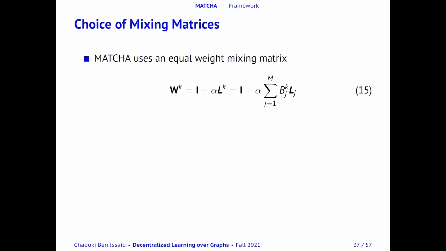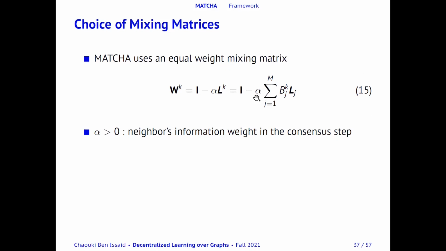In fact, the mixing matrix of the activated topology at the k-th iteration is given by equation 15, where alpha is a strictly positive number that represents the weight associated to the neighbors' information in the consensus step. In other words, Matcha uses an equal weight mixing matrix where each node assigns the same weight to the information coming from each of its neighbors.